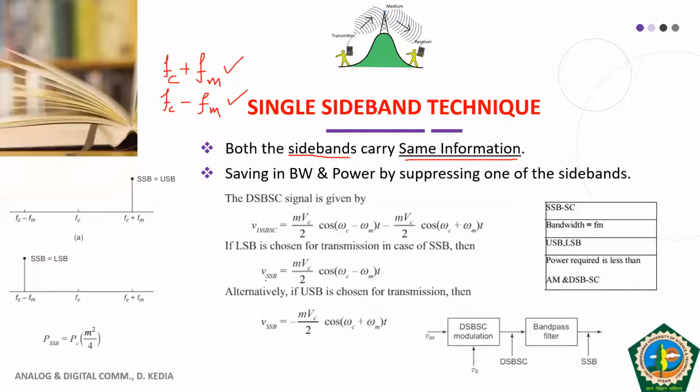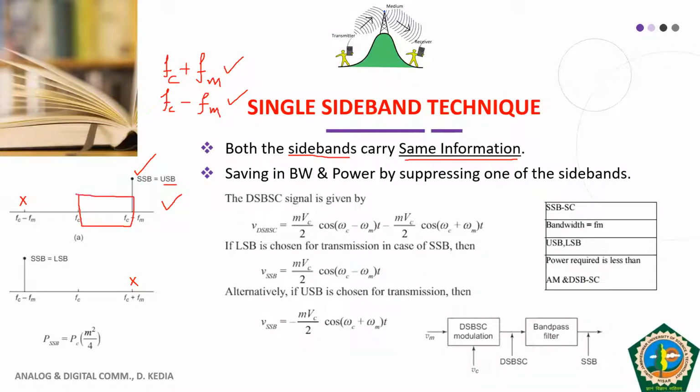If we remove one of the sidebands, you see here we have removed the lower sideband, and in the second figure we have removed the upper sideband. So we are left with only one sideband, that is the upper sideband here. Because of removal of one sideband, the bandwidth requirement has become half.